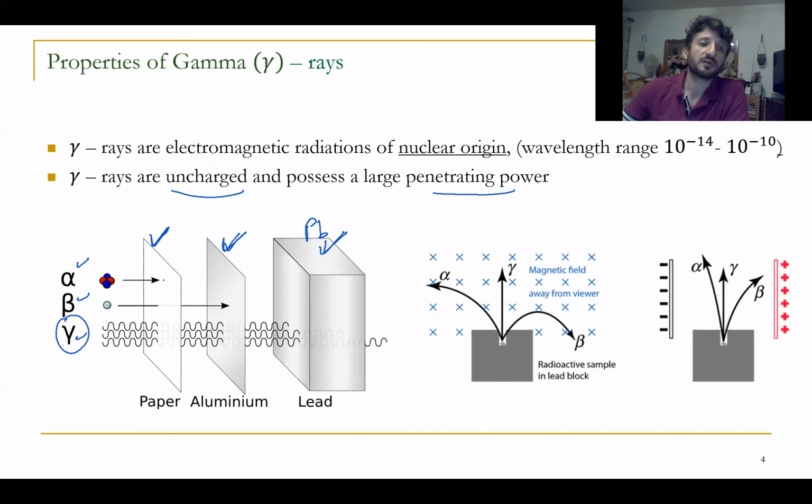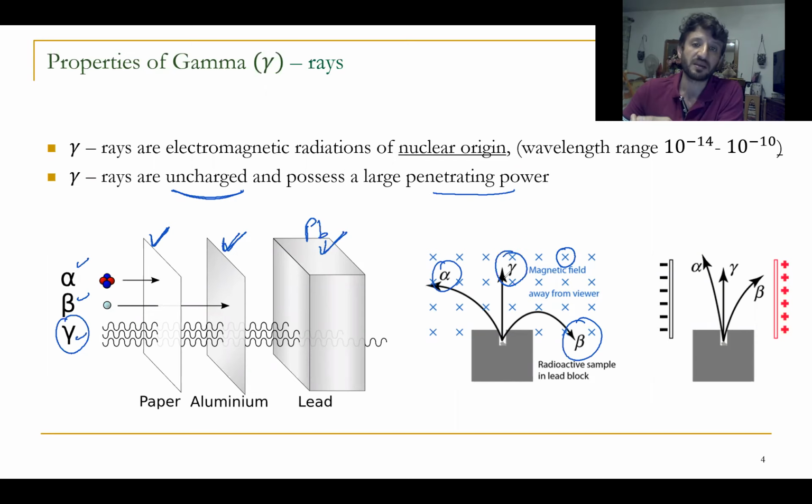What about the uncharged photon? If I put a magnetic field, as you see here, into the page, and here we have alpha beam, gamma beam, and beta beam. As you see, as alpha and beta are charged particles, we have a deviation inside the magnetic field.